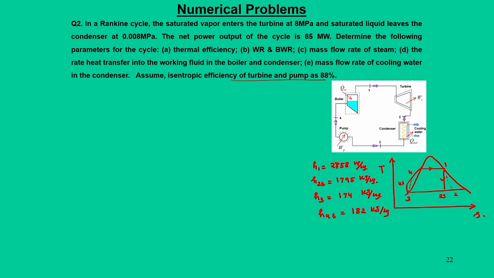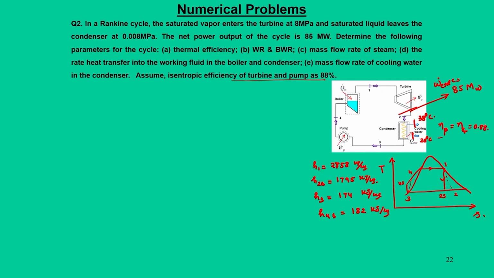In addition, cooling water enters at 20 degree centigrade and leaves at 38 degree centigrade. Net work output from the cycle, W dot cycle, is 85 megawatt. And the pump efficiency eta P and turbine efficiency eta T are 0.88.